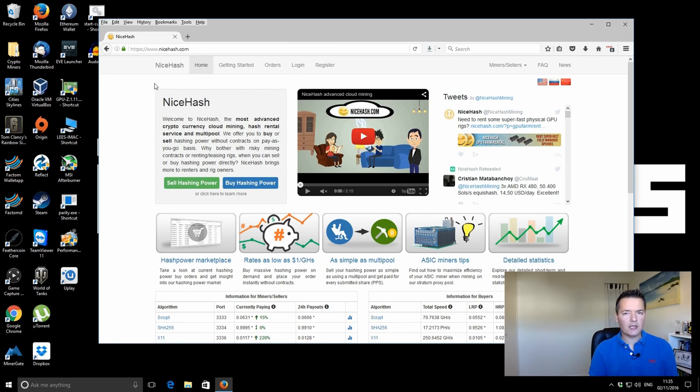NiceHash can be considered a little bit like a cloud mining service provider. But with NiceHash, you buy exactly how much hashing power you want, and also the duration of that hashing power. In comparison to some companies like Genesis Mining, where you buy, say, 5, 10 or 100 hashes per second, and that is then spread out over a 1-year contract, so you're front loading the whole purchasing program.